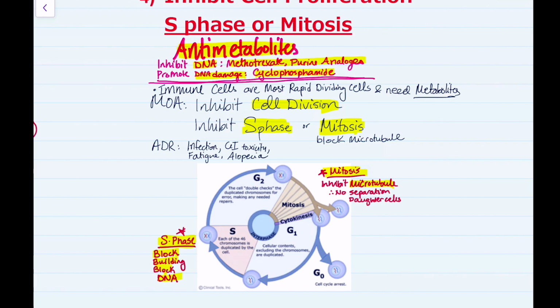And then basically we don't have a new strand of DNA, and if there is DNA damage, it cannot be replicated correctly, so there's no new copy made. So we basically use this for autoimmune diseases like everything else, anti-cancer therapy, but the side effects here are infection, GI toxicity, fatigue, and alopecia.